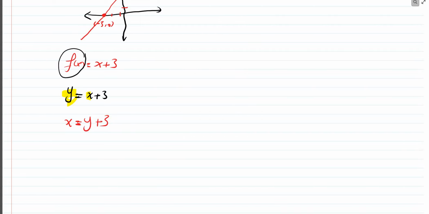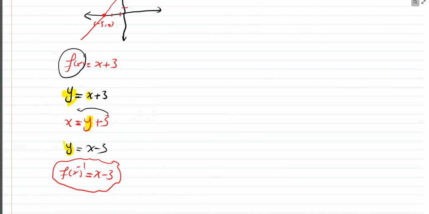So right now, solve for y. Y equals how much? To get y, we will move 3 to the other side. We will get y equals x minus 3. So I will change y back to f inverse. So the final answer is going to be f inverse of x equals x minus 3. So this is going to be our inverse.